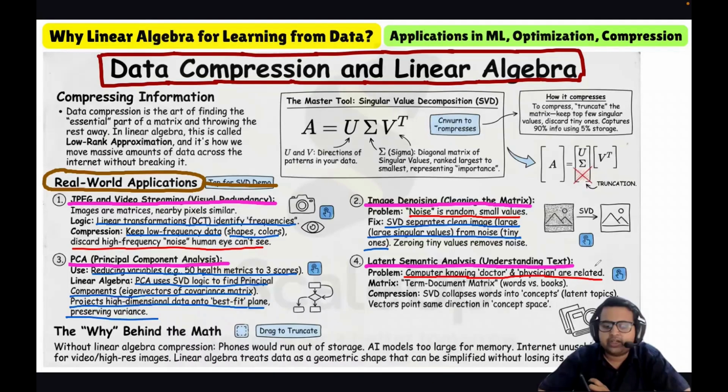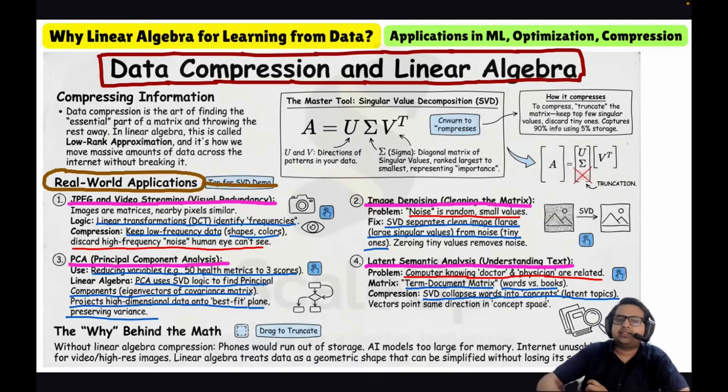So we create a term document matrix where rows are words and columns are books. By applying the singular value decomposition to this matrix, we collapse thousands of words into a few concepts. We call them the latent topics. Even if two documents don't share the exact same words, their vectors will point in the same direction in this concept space.